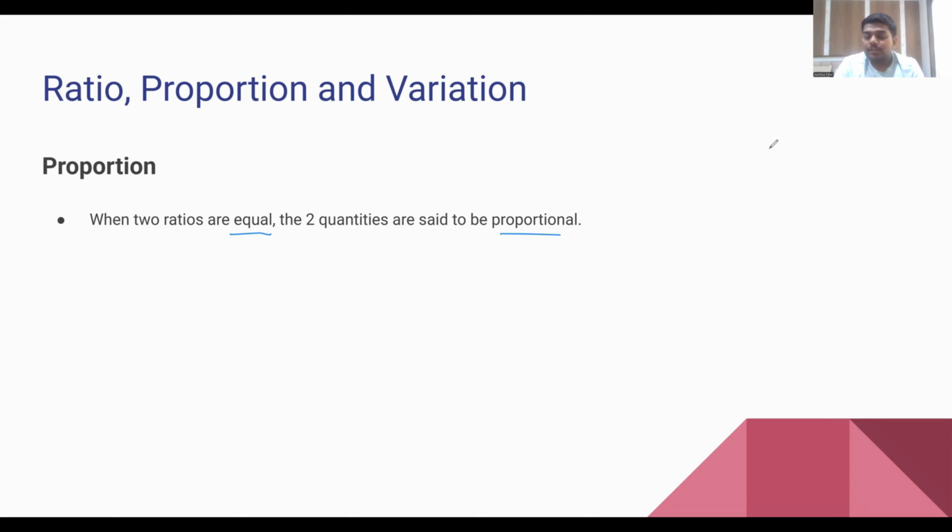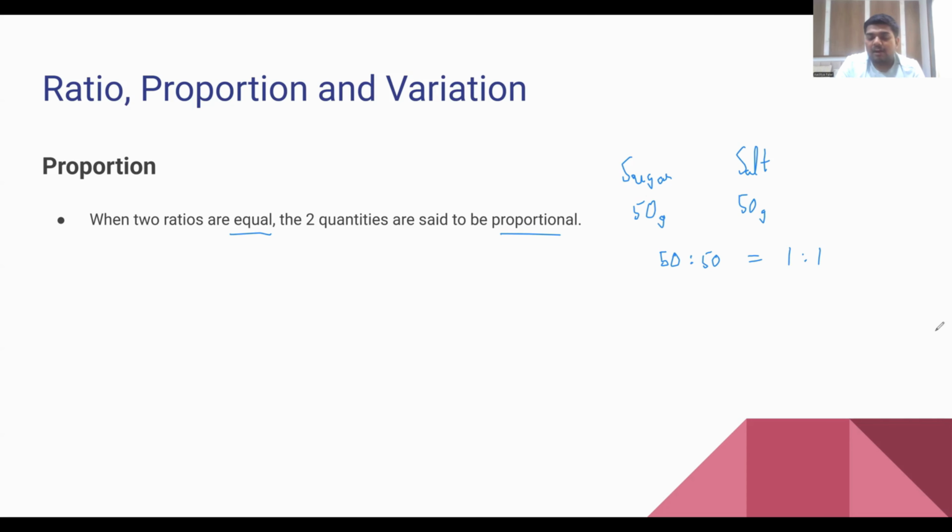For example, you have a mixture of two things, sugar and salt. If we have 50 grams of sugar and 50 grams of salt, then we say that 50 is to 50, which can be reduced to 1 is to 1. So this is a ratio.